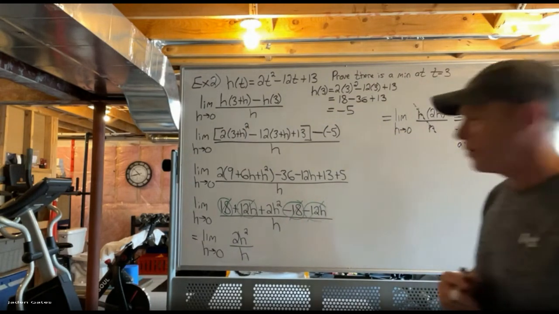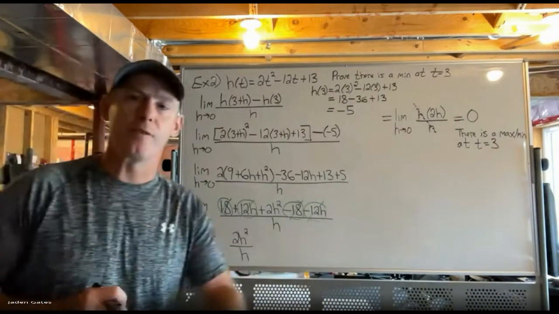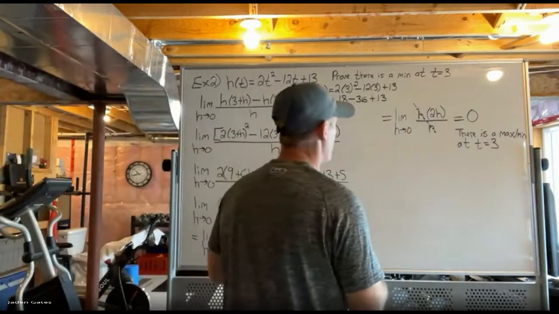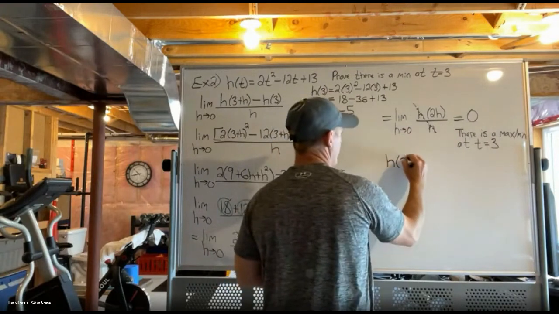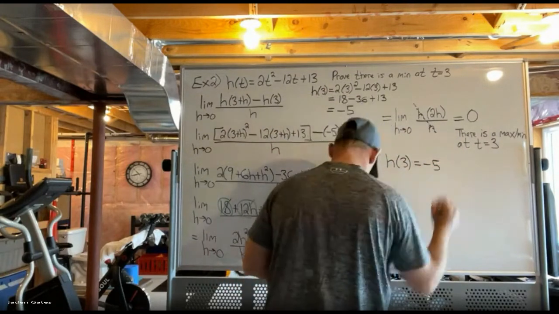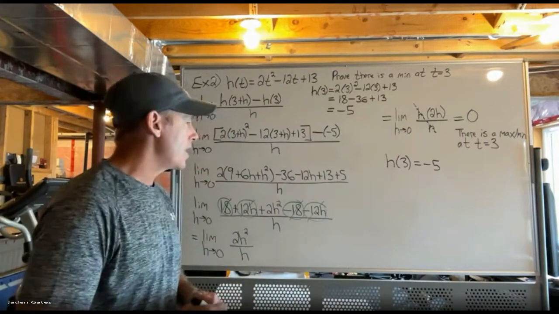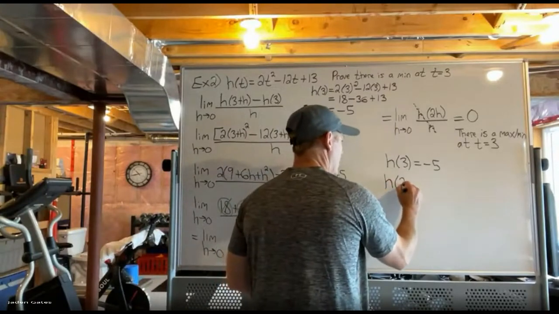All right, now, figuring out. Well, it says it's a min, but I might give you a question that says, hey, is it a min or a max? So this time I'm telling you it's a min. And so I already figured h of 3 out is equal to -5. Then what I could do is figure out a number before 3. So like I did h of 2.9.